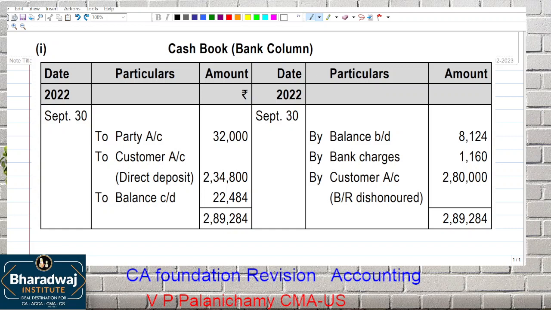So now for BRS, what to do? Ignore whatever we have done here. The remaining things, add and reduce. OD as per cash book, you start with 22,484.